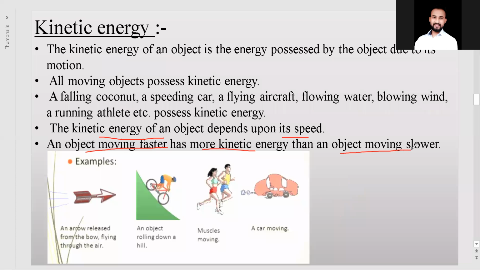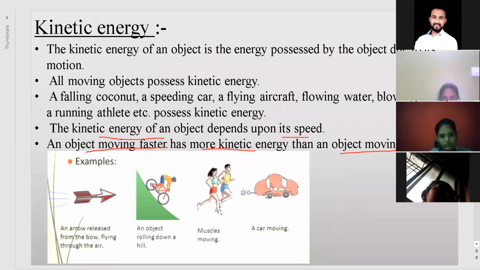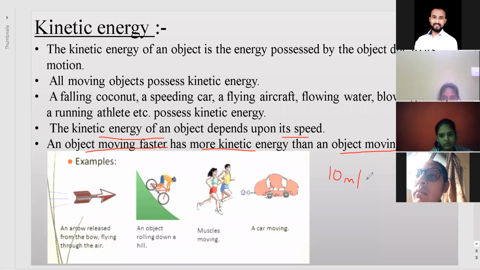It is very simple. See, suppose a car with a speed of 10 meters per second hits an object, and in the second case, the same car hits an object with a speed of 100 meters per second.